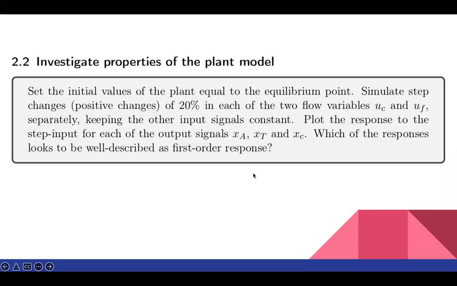Then for the second part, we increase the input flow of the cooling jacket and the input flow of the tank by 20% at different times. What we want here is to know which case is going to give us a first order response in our output variables.